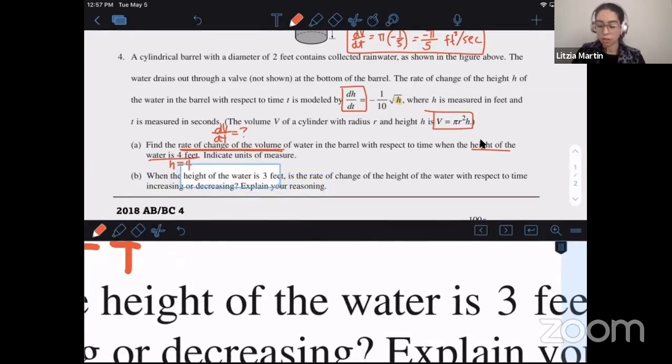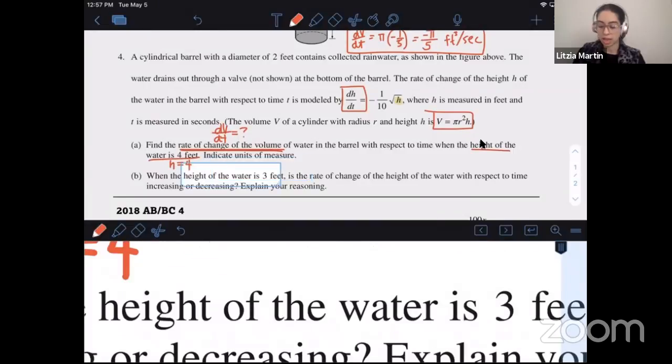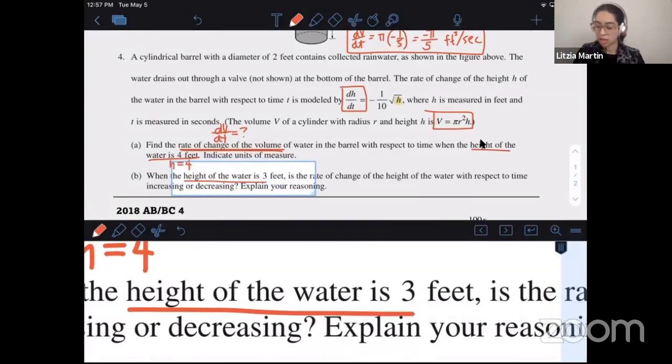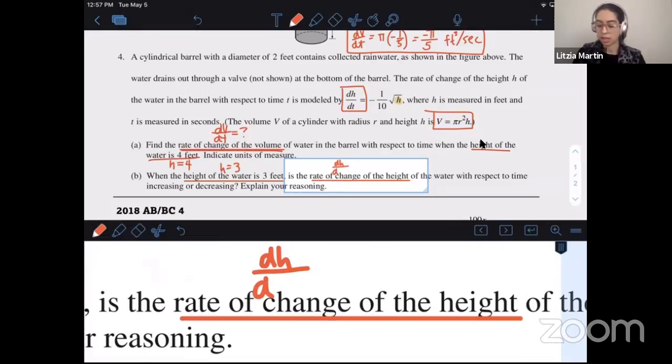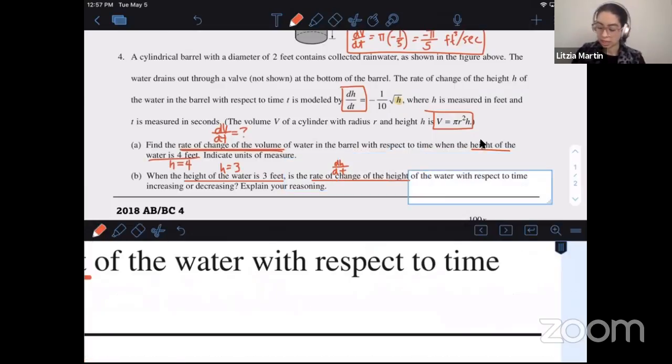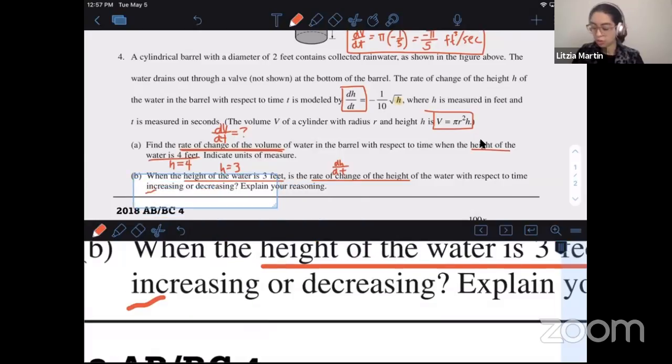When the height of the water is 3 feet, this means h is equal to 3. Is the rate of change of the height, so rate of change of height will be dH over dt, increasing or decreasing?